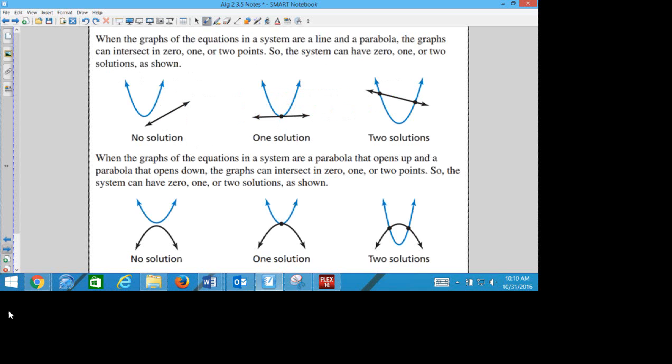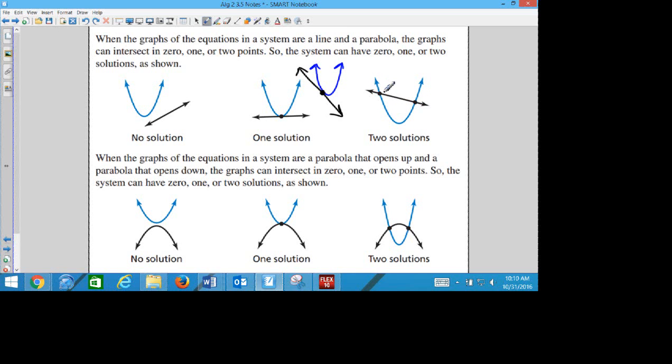And when we have a line and a parabola, this is all vocabulary, this is all just pictures, this is what to expect. You can have 3 situations. You could have no solution where they don't intersect. You could have 1 solution where they only touch 1 time. And in your 1 solution, you might want to add another example. They could cross like over here.